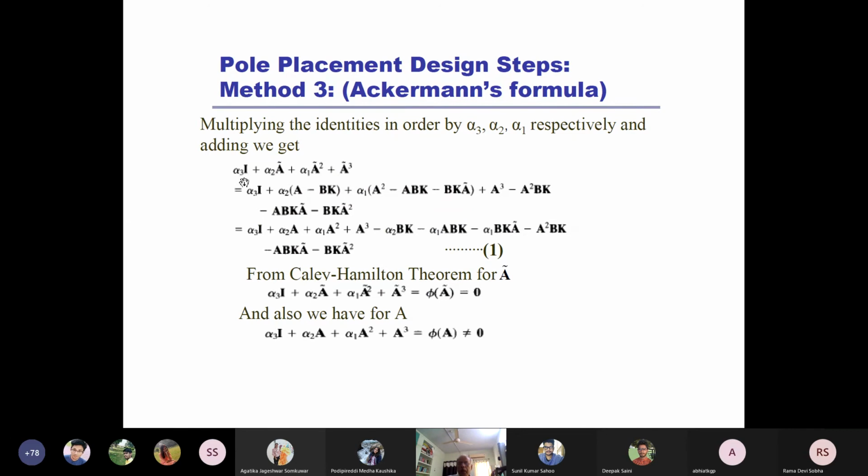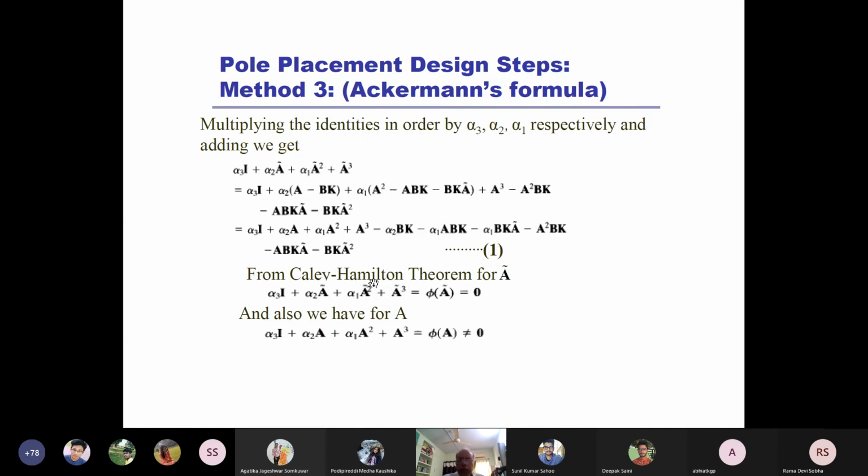Then I put the A hat value over here: alpha3 I, alpha2 (A minus BK), alpha1 (A square minus ABK minus BK A hat), and then A hat cube will be A cube minus A square BK minus ABK A hat minus BK A hat square. Then again I further simplify it in this form.